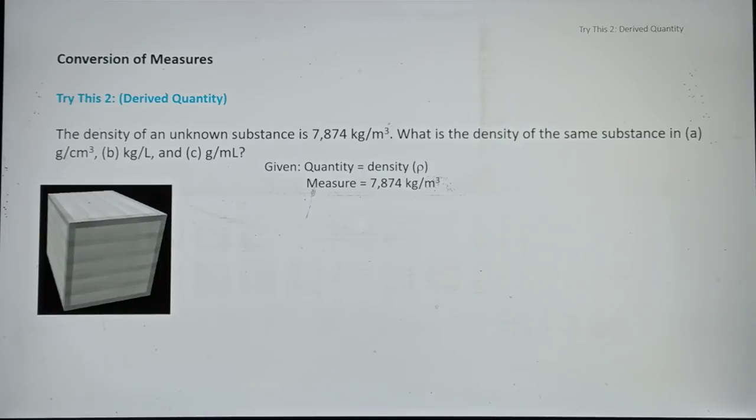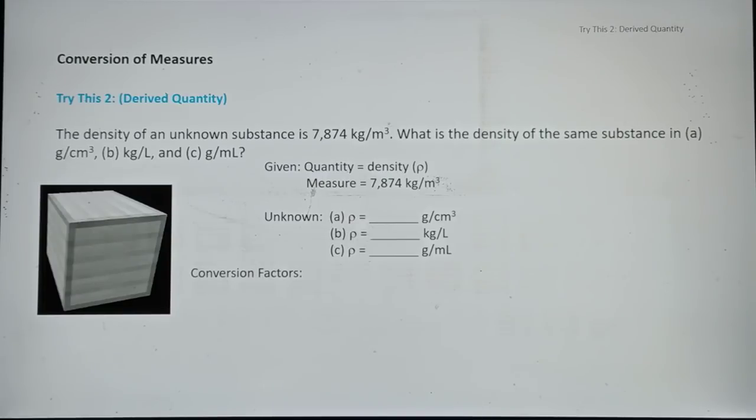What are the required or the unknowns in the problem? A, the density in grams per cubic centimeter. B, the density in kilograms per liter. And letter C, density in grams per milliliter.